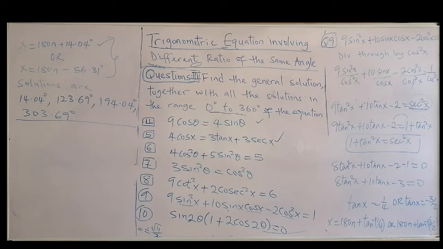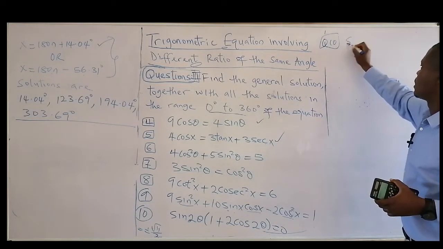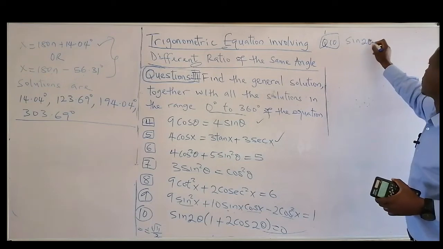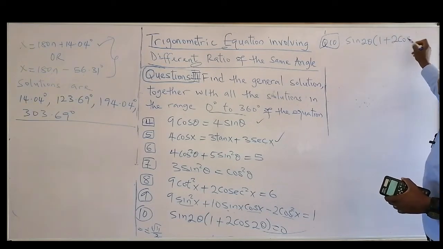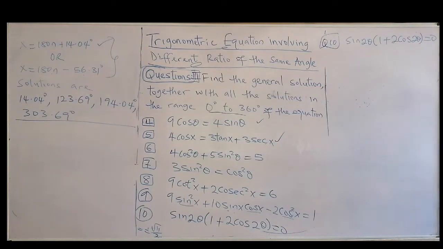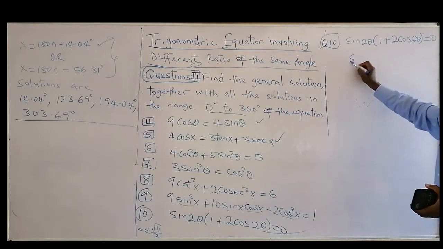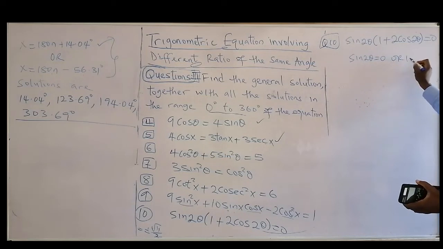Then that will take us to the last question, question 10. Sine 2 theta into bracket 1 plus 2 cos 2 theta is equal to 0. We are multiplying. This implies that sine 2 theta is equal to 0, or 1 plus 2 cos 2 theta is equal to 0.